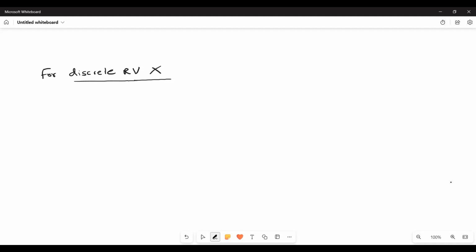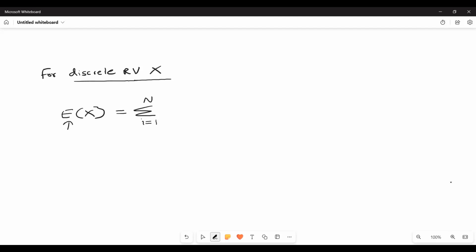If you are going to find the expected value or the average value of a random variable x, which is a discrete random variable, then we can write the average value, which we denote as E[x], as the summation of values from 1 to n.